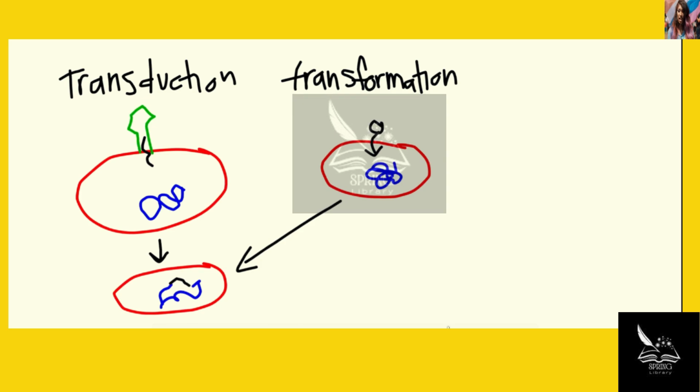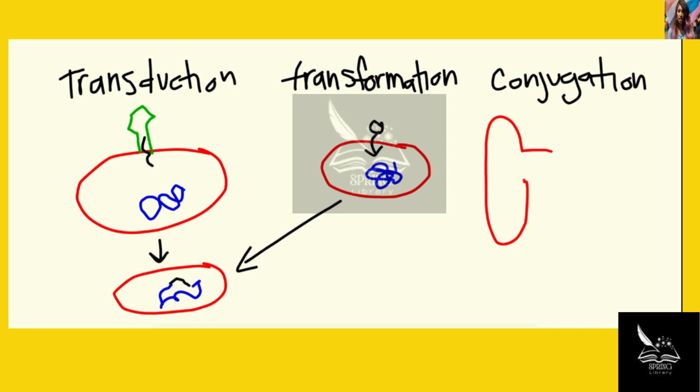Next on the list is conjugation. This one's a little bit different. It requires that we have two cells, cell 1 and cell 2, each with their own genomes.